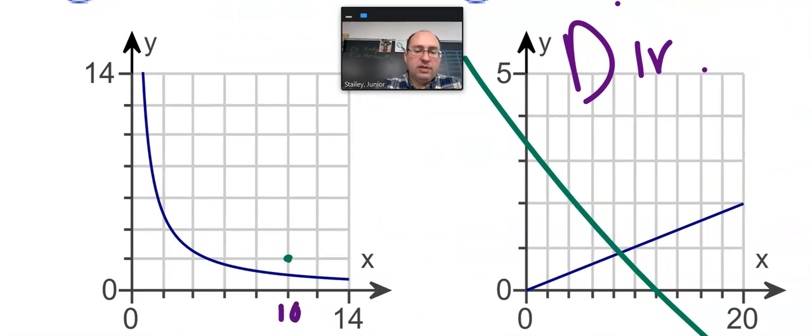So this is 10 and this is, wait a second, oh my goodness, I misread the graph. I chose the wrong one because I wasn't paying attention to the scale. I did on the x-axis, but I didn't on the y-axis because this is actually 10, 1, which is the correct.